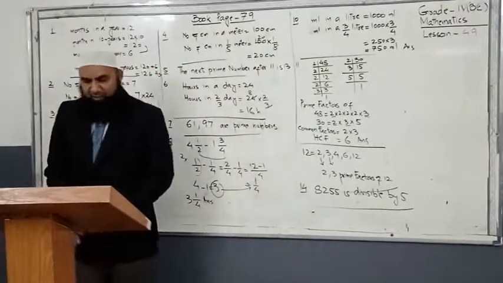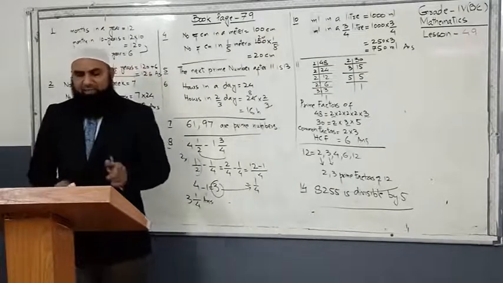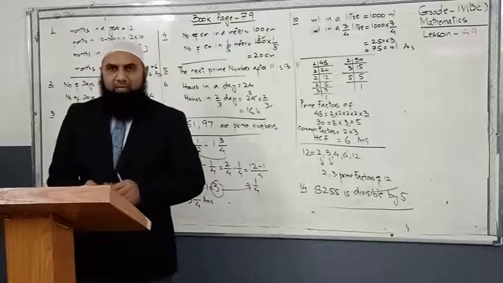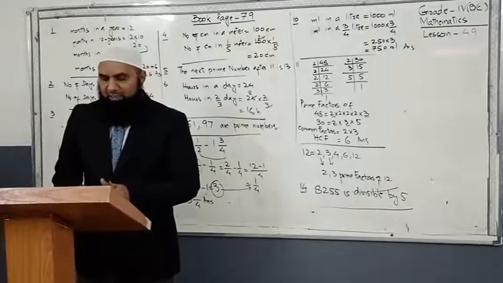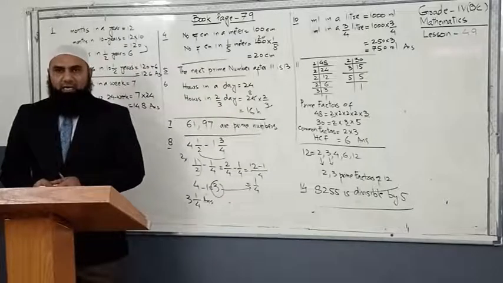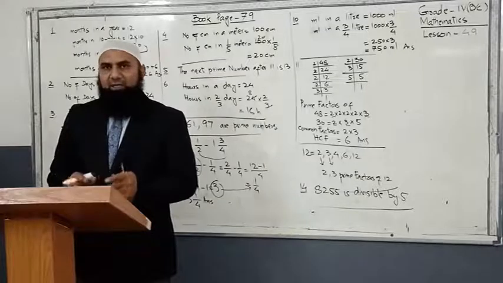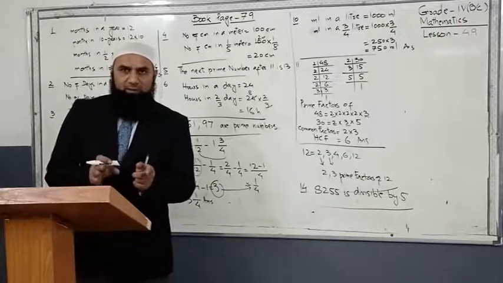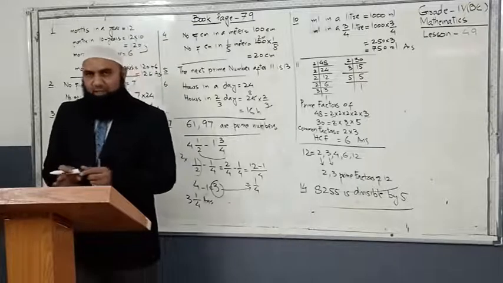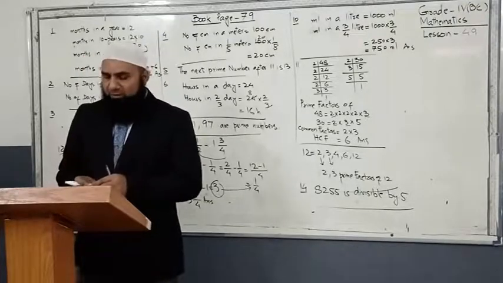Question number 15. Write a 4-digit number that is divisible by 9. Very simple. Any number whose last two digits are divisible by 3, and the addition of these two digits divisible by 3, will be divisible by 9.